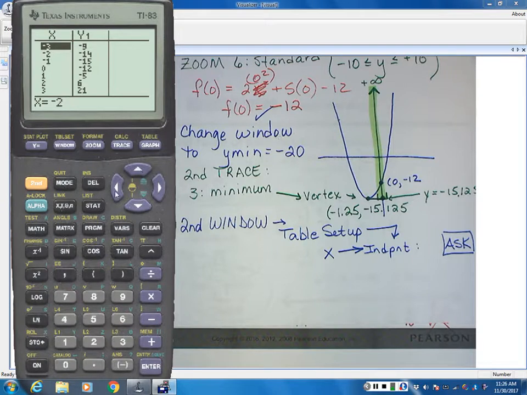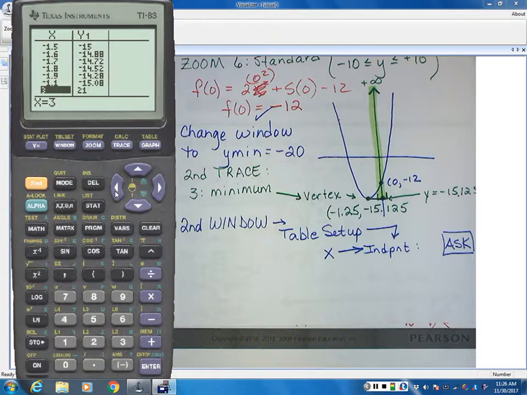How about we go negative 1.5, negative 1.6, negative 1.7, negative 1.8, negative 1.9, negative 1.1.